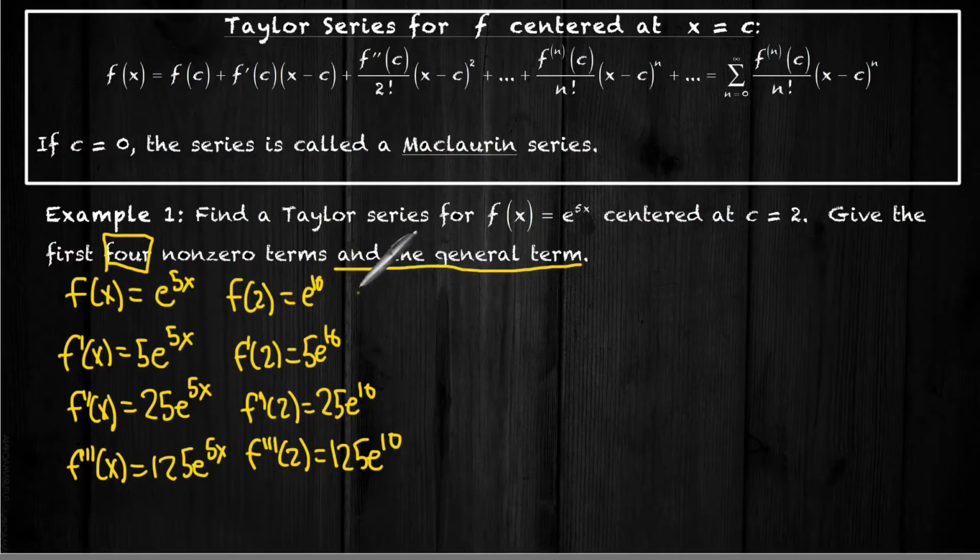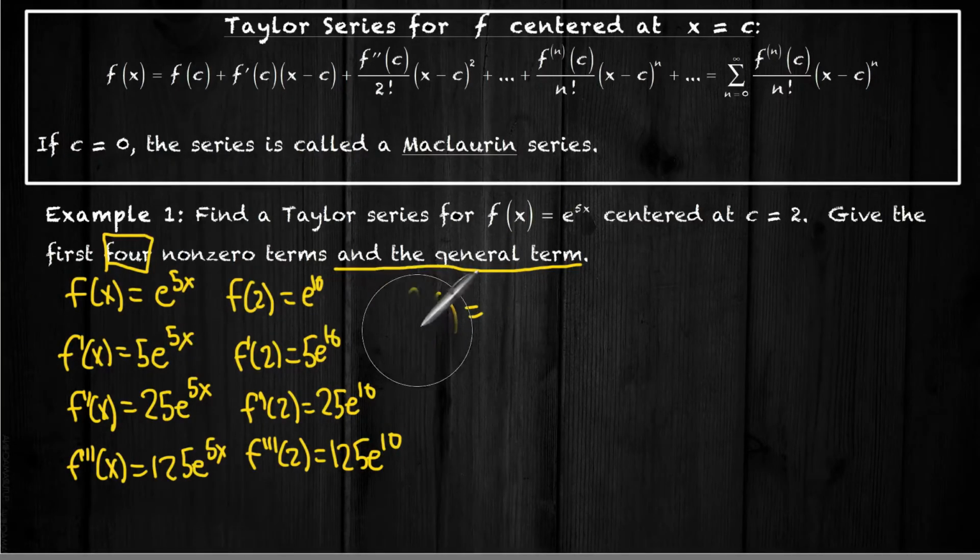So normally, if they were asking you for a Taylor polynomial, in this case it'd be a third degree, we would say p of 3 of x equals, and we would list only the first four terms, which would get us to the x to the third term, and that would be an approximation of e to the 5x.